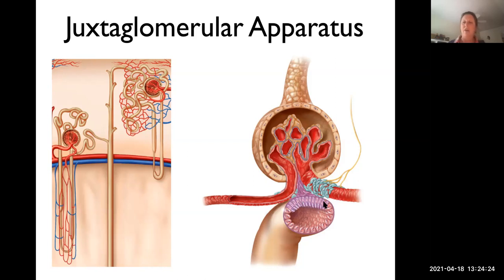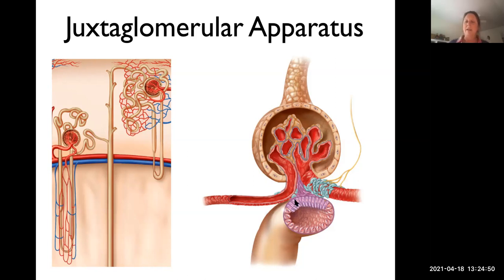These cells are called the macula densa. And they sense the osmolarity, or the concentration of the fluid that's passing through this tubule here. And based on the concentration of the fluid, this means that the glomerular filtration is either just right, too fast, or too slow.